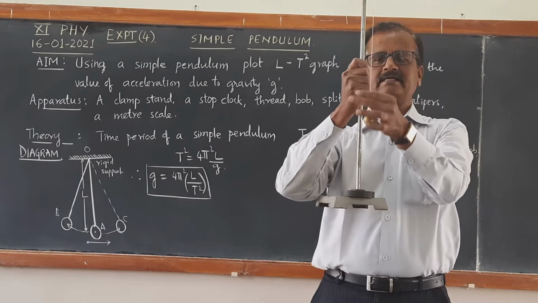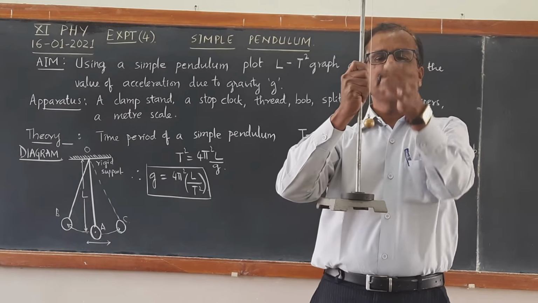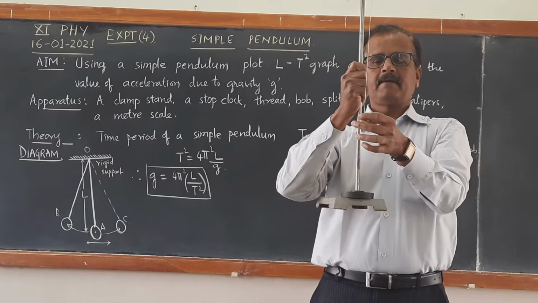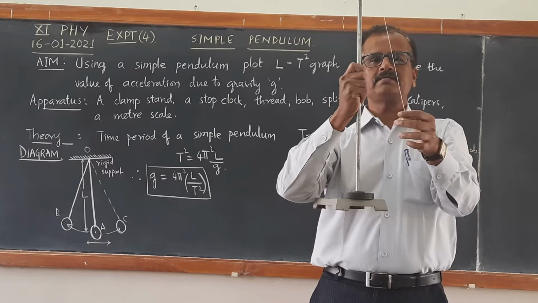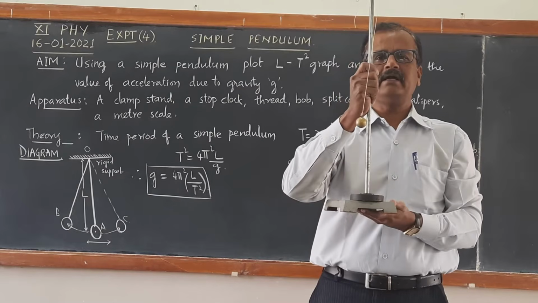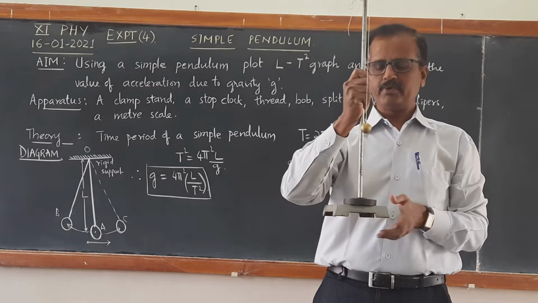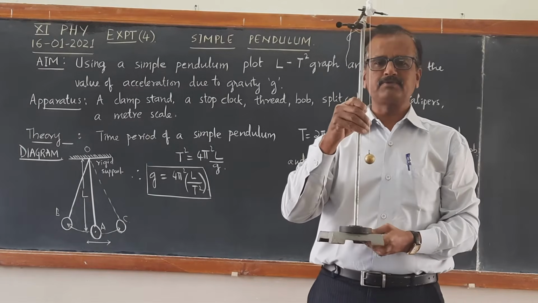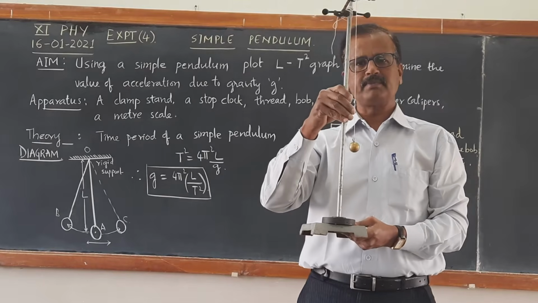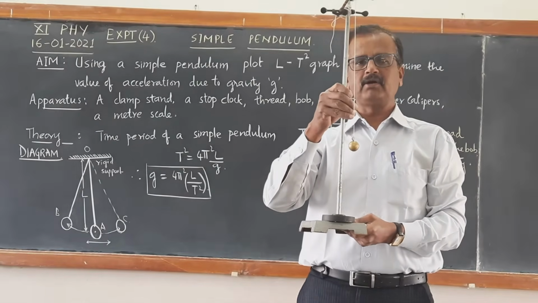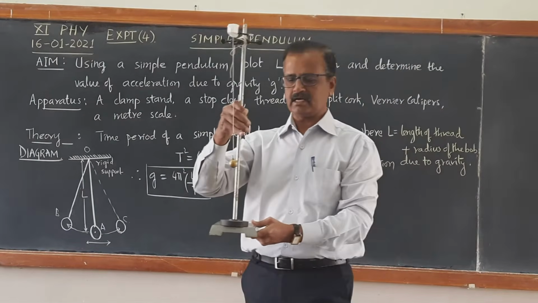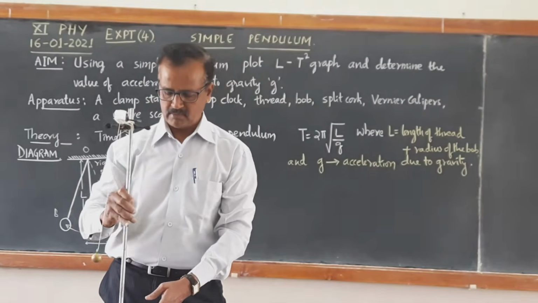This is the string, that is nothing but a thread. When you release it from one end, you see it oscillates about the mean position. We have studied that for small displacements, the pendulum oscillations are simple harmonic in motion.